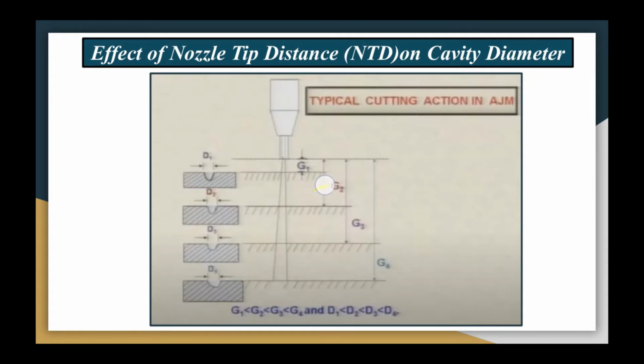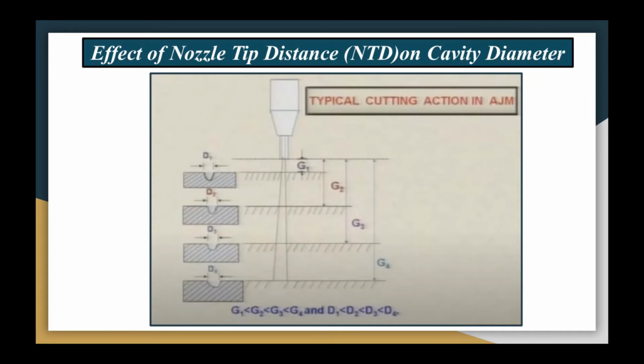In the first case you can consider it as G1. Now you can see here the size or width of the cavity, or the diameter of the cavity, depends on the cross section of the nozzle, that is D1. This is the width or diameter of the cavity.